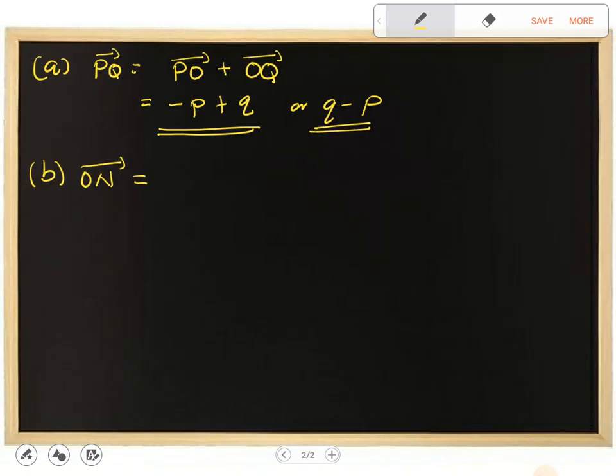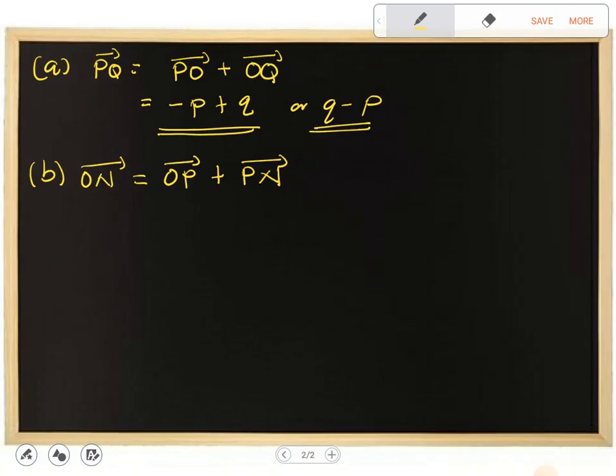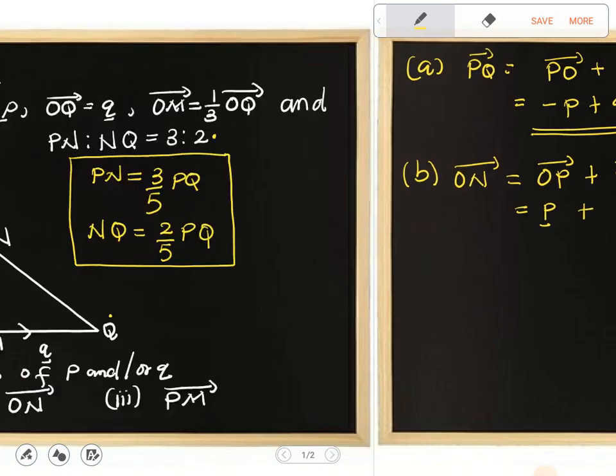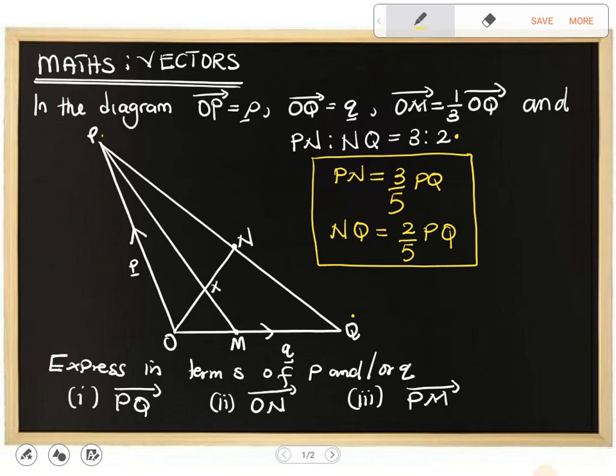So we can say we move OP plus PN. Take note that OP is known, it's just P. Plus, what is PN? PN from the ratio is 3 over 5 of PQ.